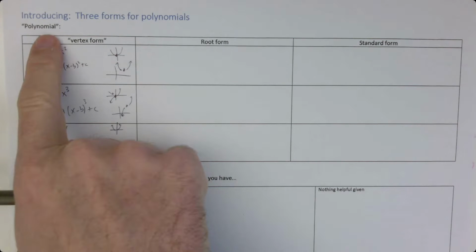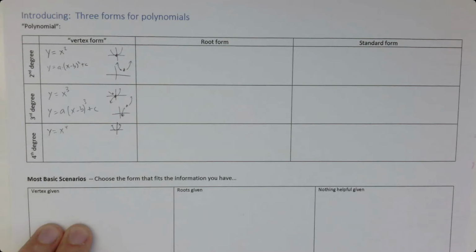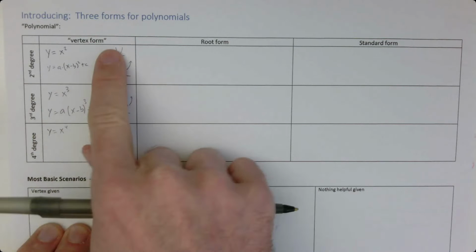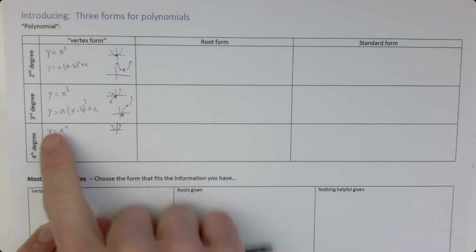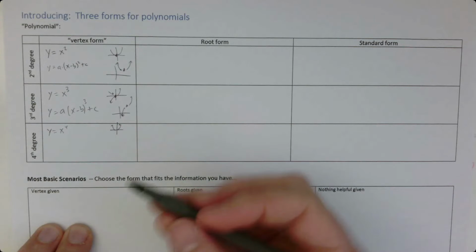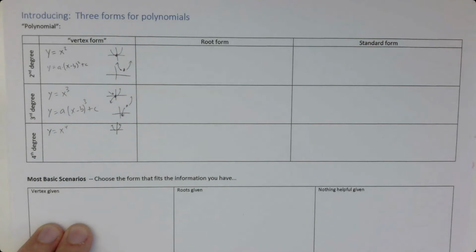Let's go back and define the term polynomial. I don't know if anyone's ever defined this for you. You've maybe heard it. So an equation with x squareds in it is called a second degree polynomial. X cubed's a third degree, x to the fourth, fourth degree. In general, here's what a polynomial means.